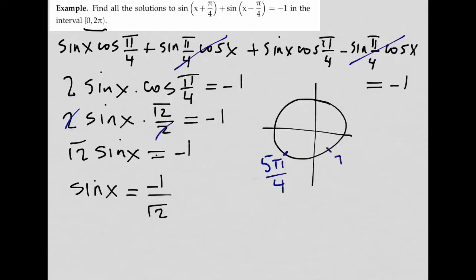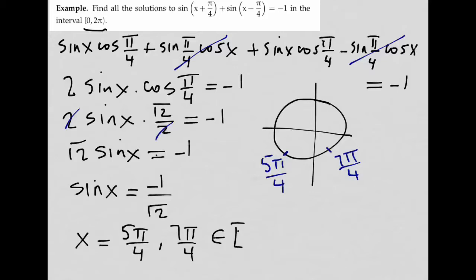And also 7 pi over 4, the sine of that angle is -1 over root 2. This means we have two solutions to this equation: x equals 5 pi over 4 and 7 pi over 4. These are the only two solutions in our desired interval, the half-open interval from 0 to 2 pi.